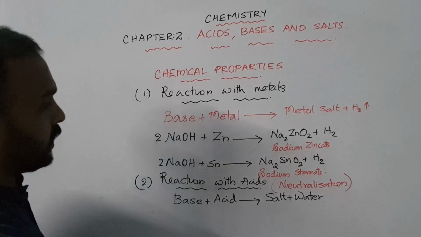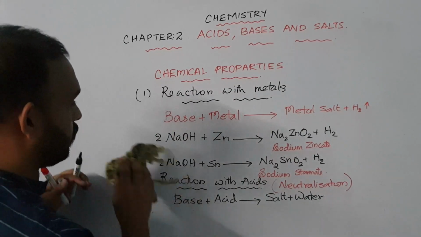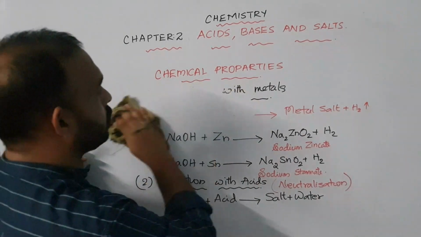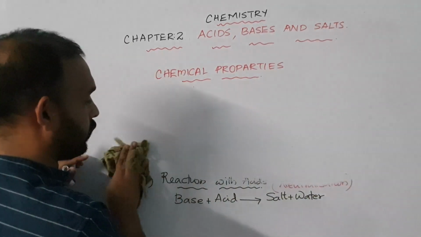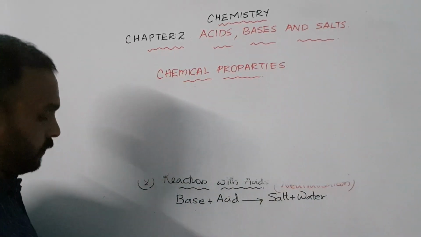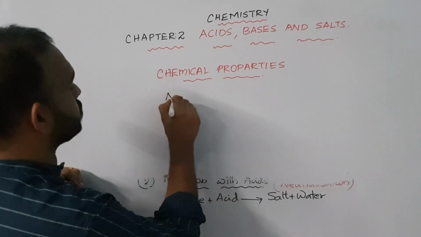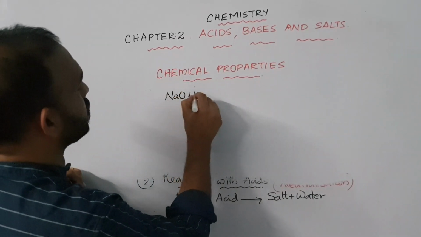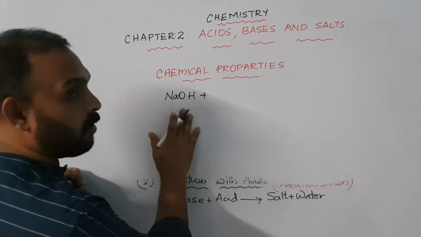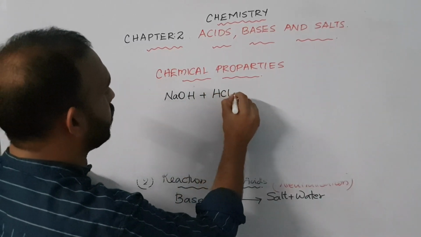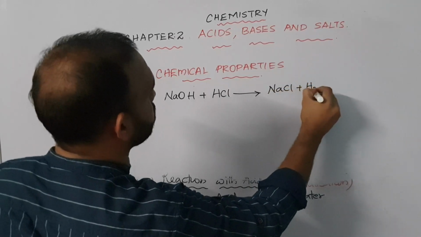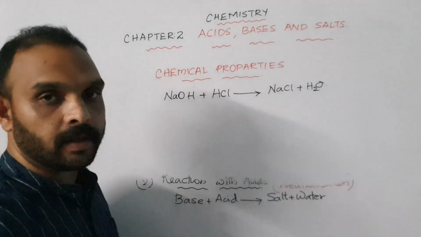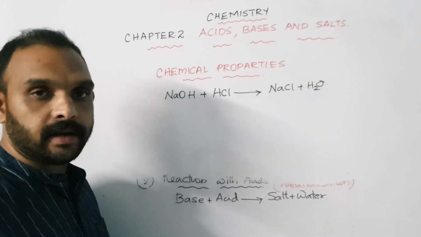The common example is the formation of sodium chloride: NaOH plus HCl acid gives NaCl plus H2O, water. The common example. Is it clear?